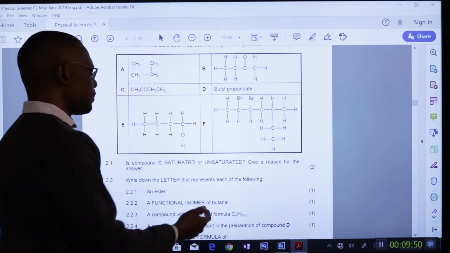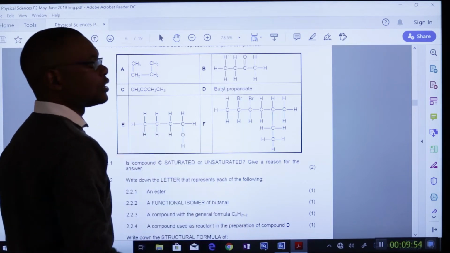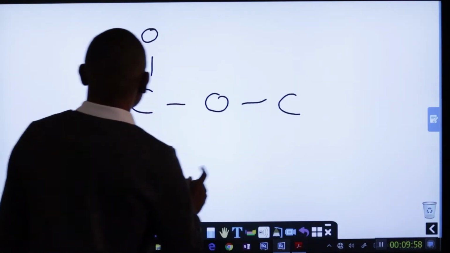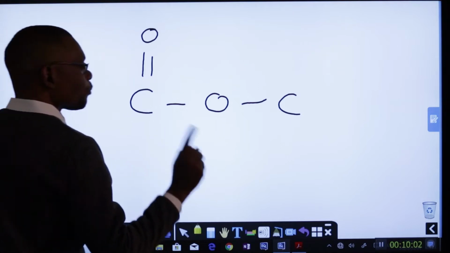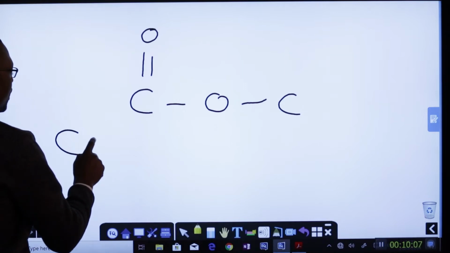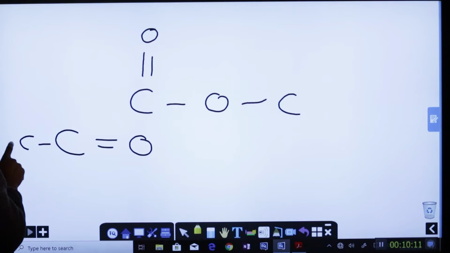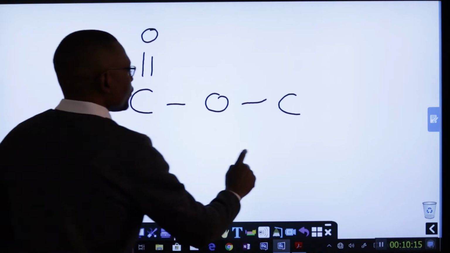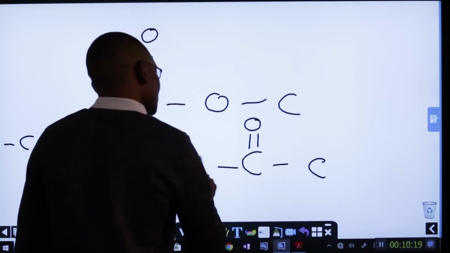One would argue, but we are saying this is butanol, but the carbon-oxygen bond is not on the far end of the carbon chain. So this is how we make a representation of that phenomenon. We are saying an aldehyde has got a carbon-oxygen bond on the far end of the chain, like that, but a ketone has got a carbon-oxygen bond in the middle of the chain.